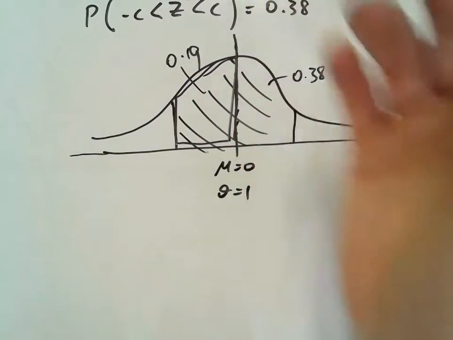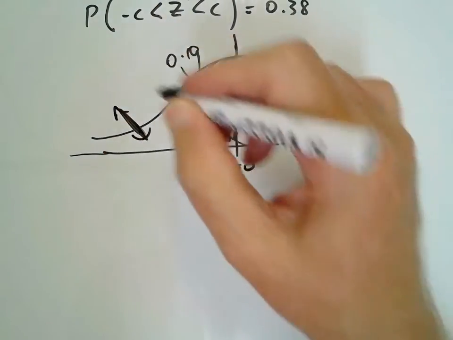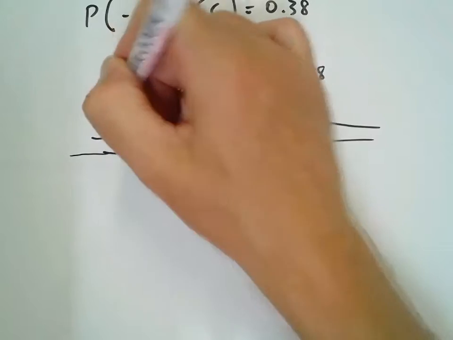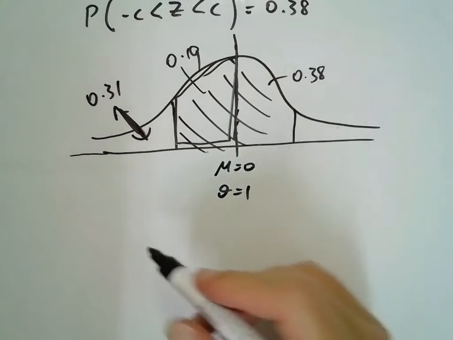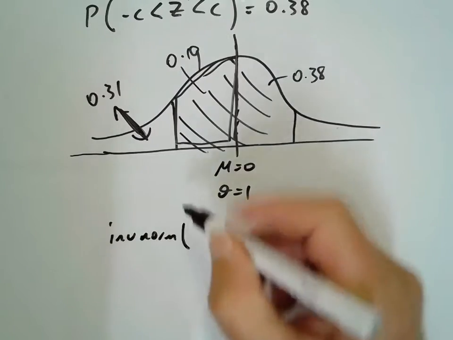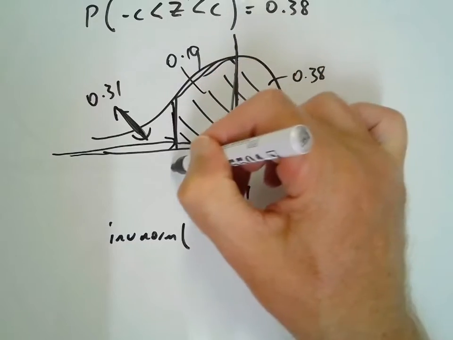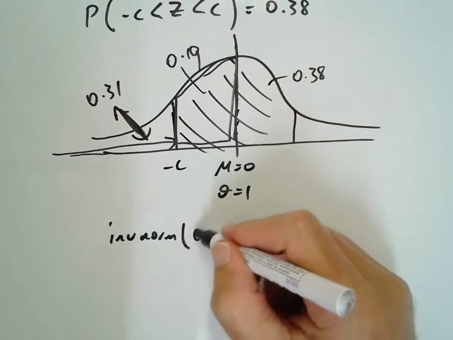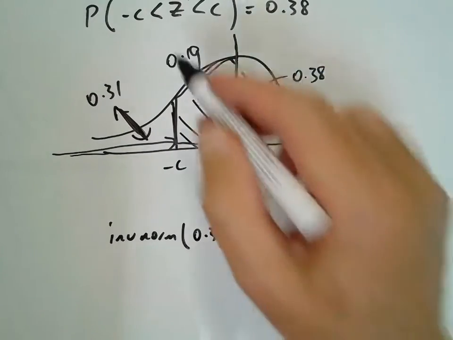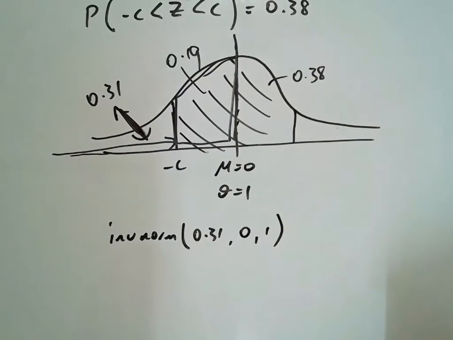What's 0.5 minus 0.19? Then all of a sudden this bit in here is 0.31. So all of a sudden we can go inverse norm. The area from negative infinity up to this line here, which is negative C, is 0.31.